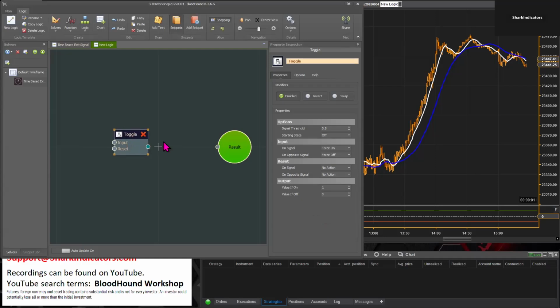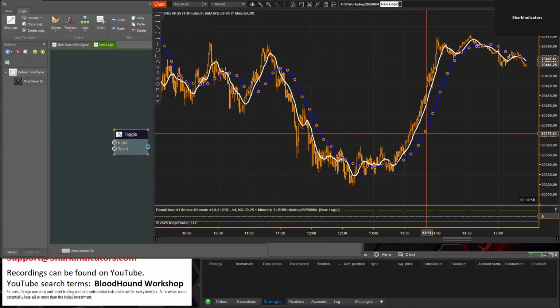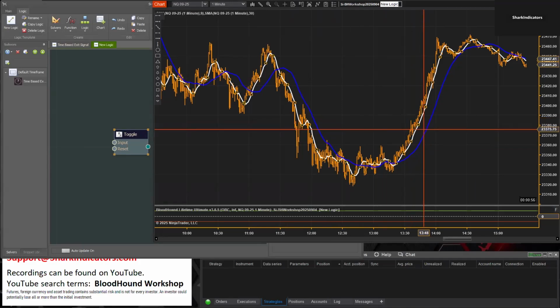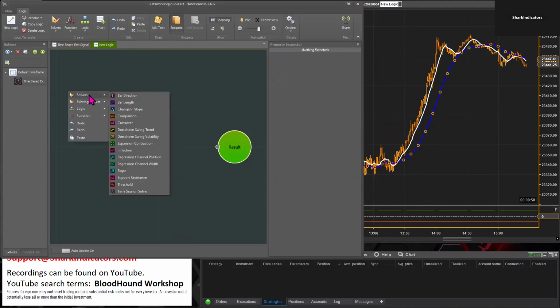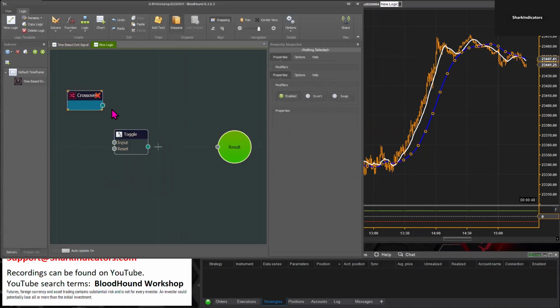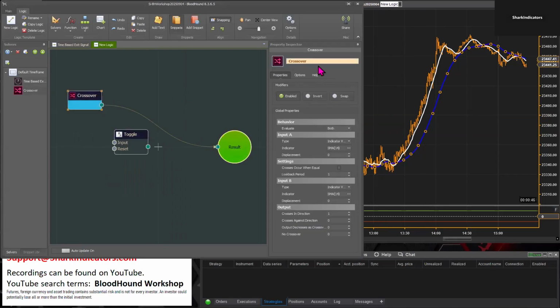To give a simple explanation, I'm just going to build a simple 9/30 crossover so we have some signals to work with. Let me pull in a crossover signal. I'll give it a quick simple name, and I'm just going to use the SMA.